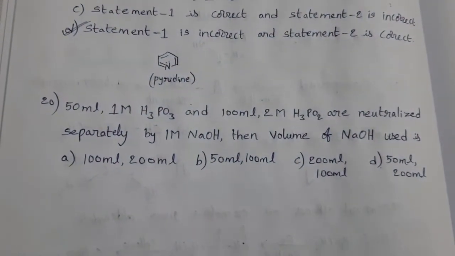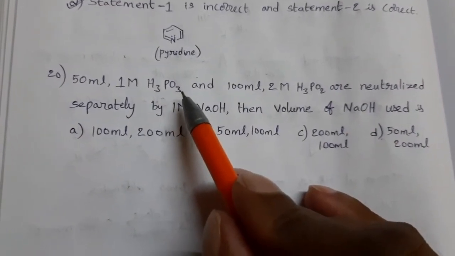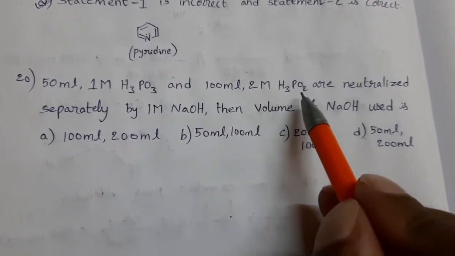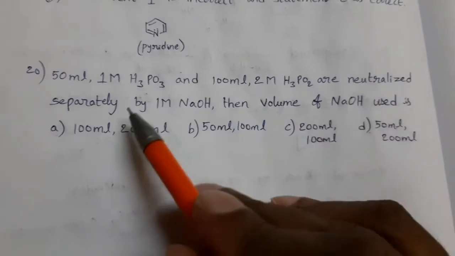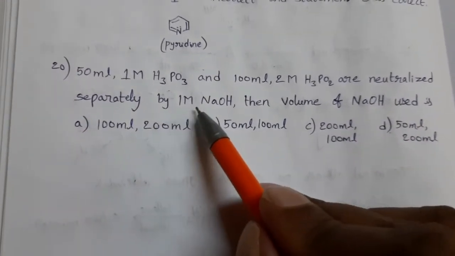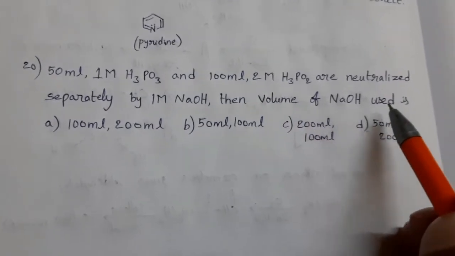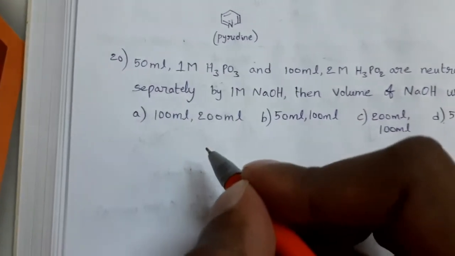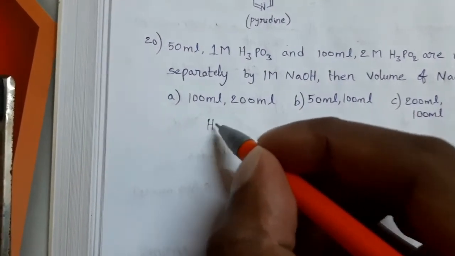Next: 50 ml of 1 molar H3PO3, orthophosphorus acid, and 100 ml of 2 molar H3PO2, hypophosphorus acid, are neutralized separately by 1 molar NaOH. Then the volume of NaOH used is? Write the neutralization reactions for these two acids.